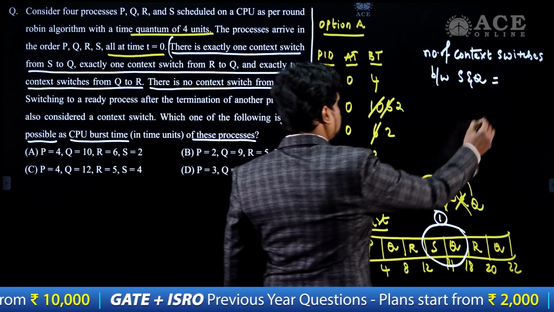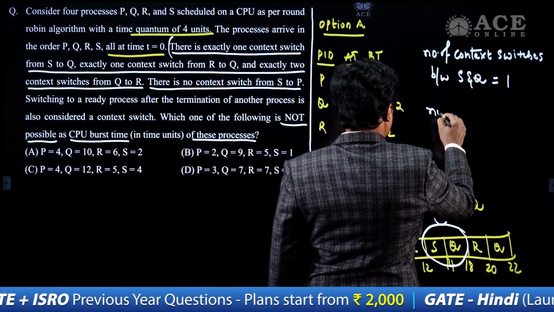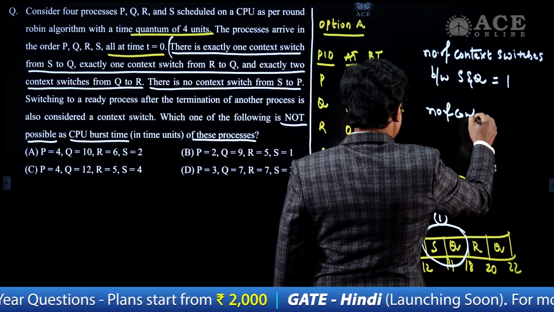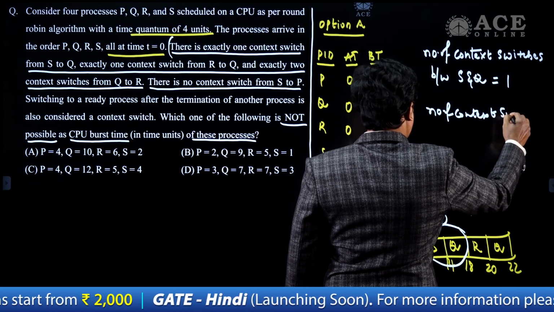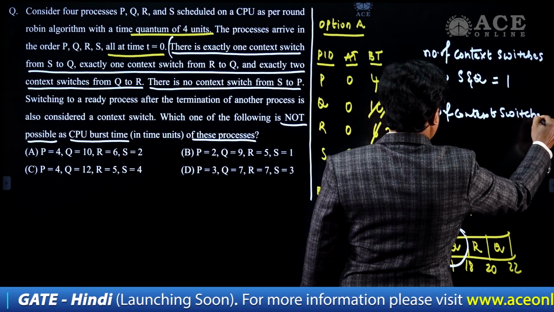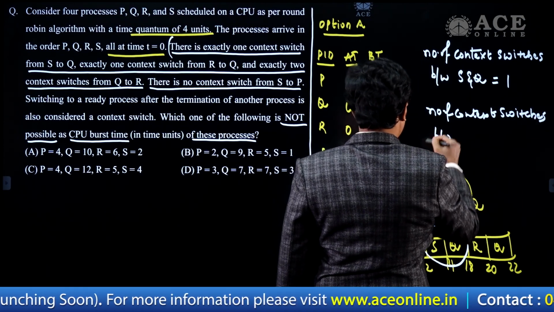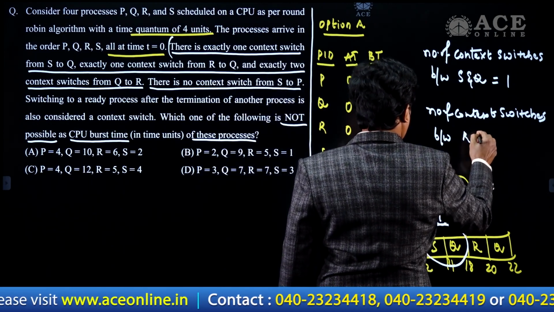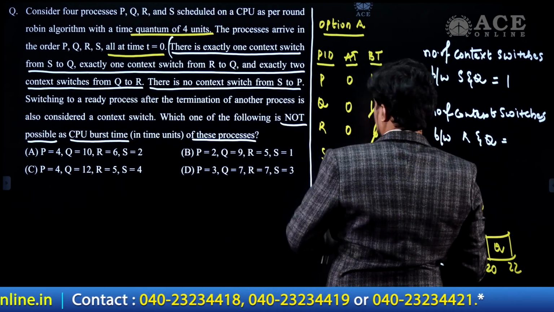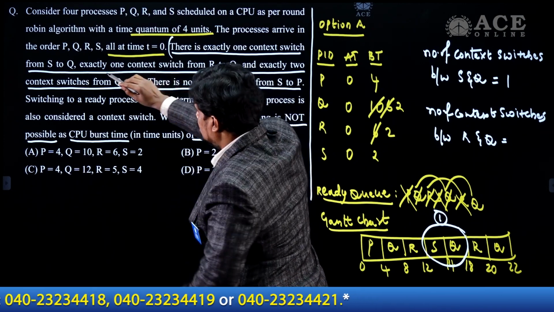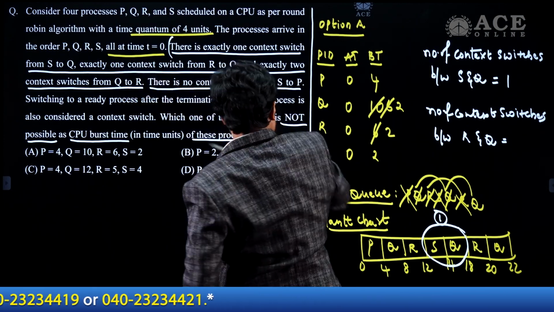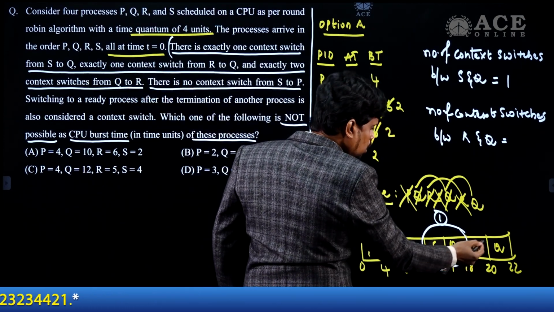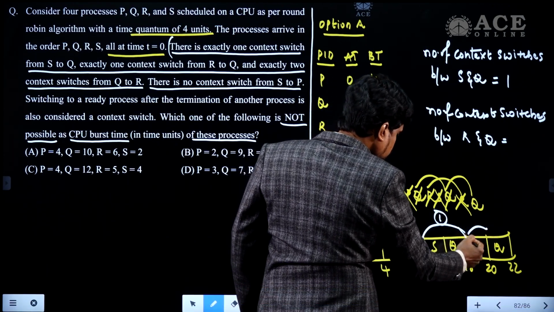Then it is 1, fine. And the number of context switches between R and Q. So between R and Q, how many context switches are there? One context switch. Look at between R and Q, we have only one context switch.